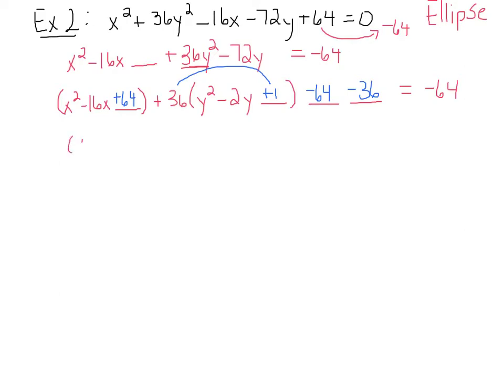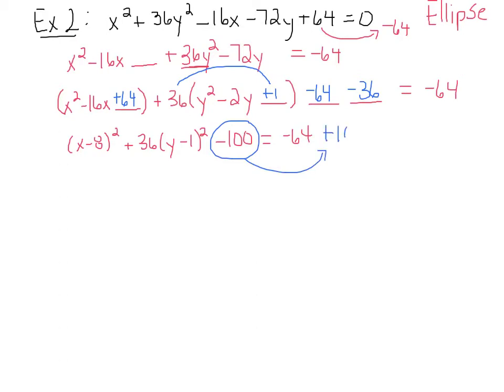This is going to simplify to be x minus 8 quantity squared plus 36 times y minus 1 quantity squared. These added together would be, let's see, minus 100. And it's equal to negative 64. Now let's take this minus 100 and let's move it over to the other side.